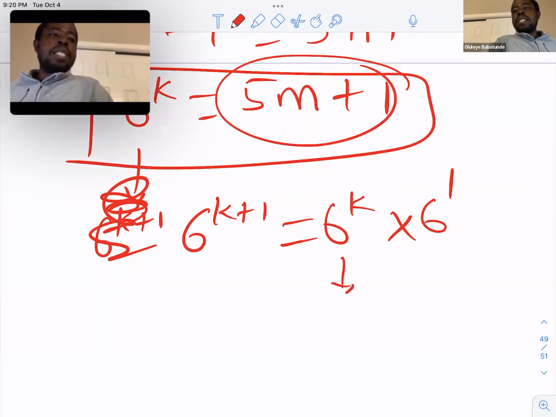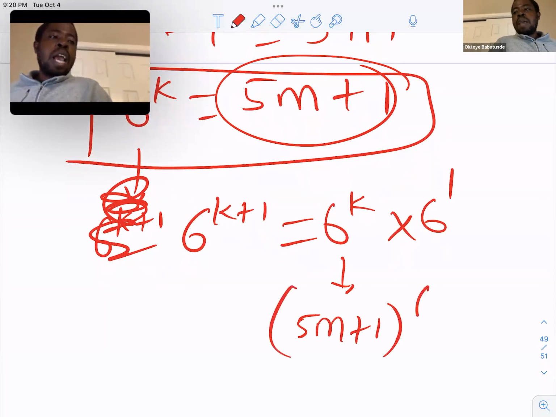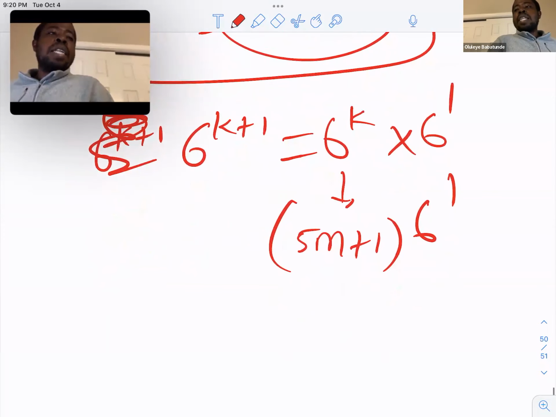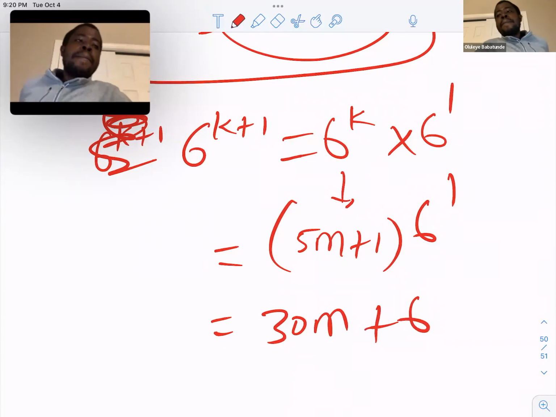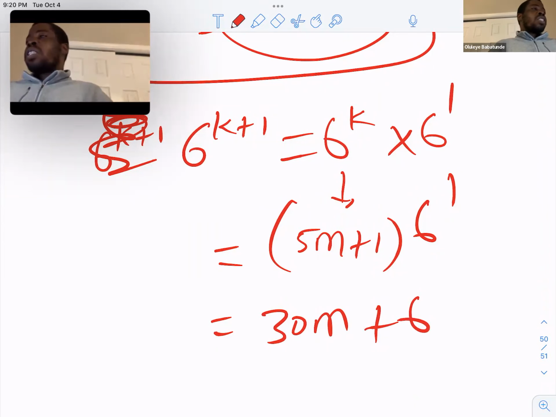So I'm going to replace this with 5m plus 1 times 6 raised to the power 1. And that will give me 30m plus 6. Okay, 30m plus 6.